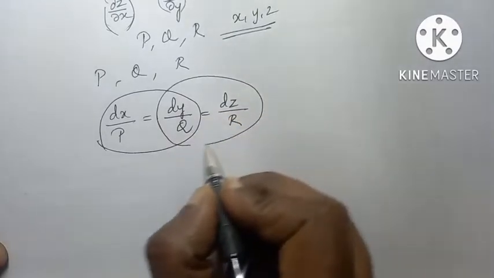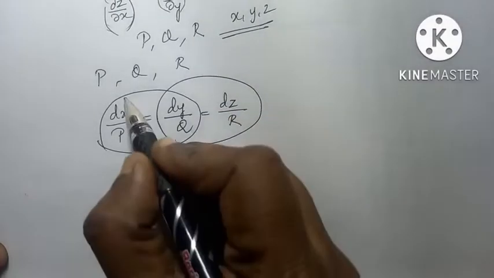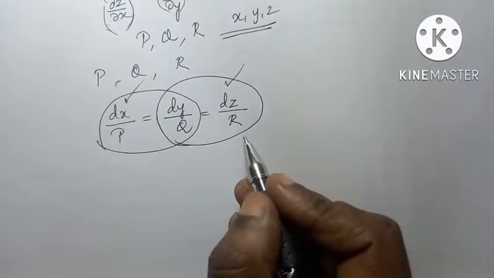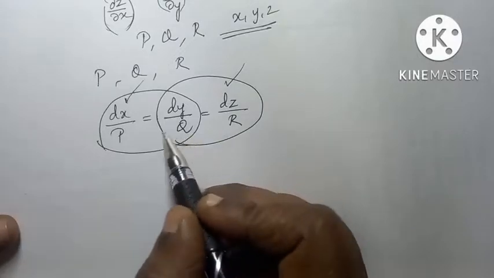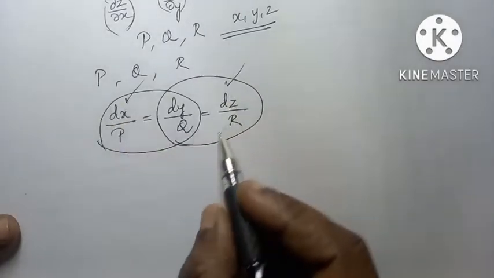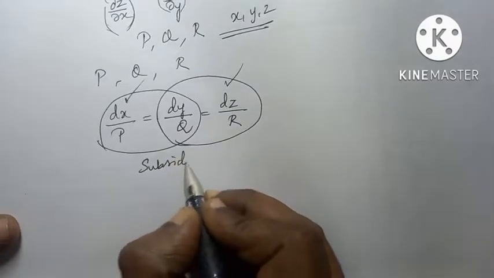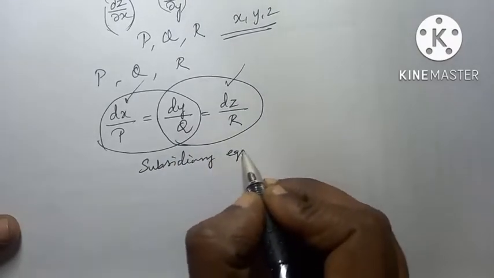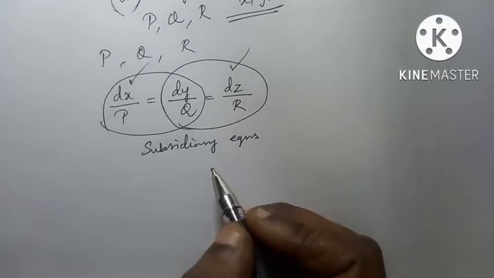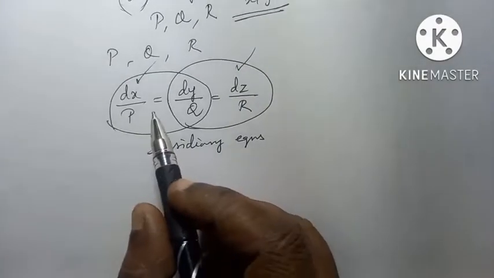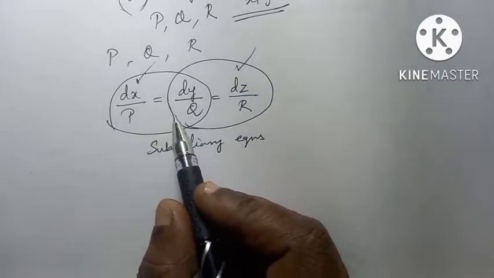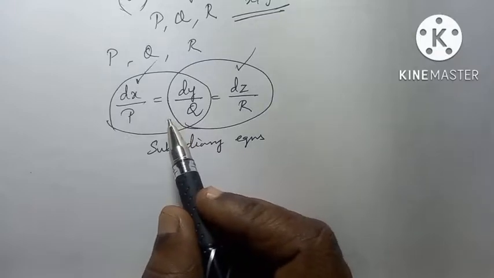If you take these two ratios, second equation. If you take first and third, it is the third equation. We call these equations subsidiary equations. So first you write dx by P equal to dy by Q equal to dz by R.